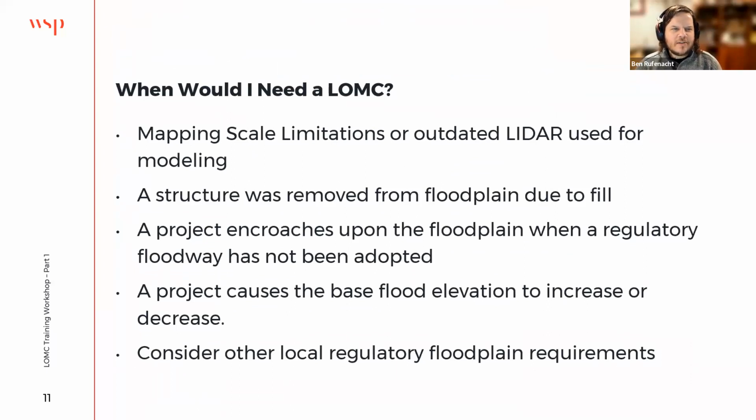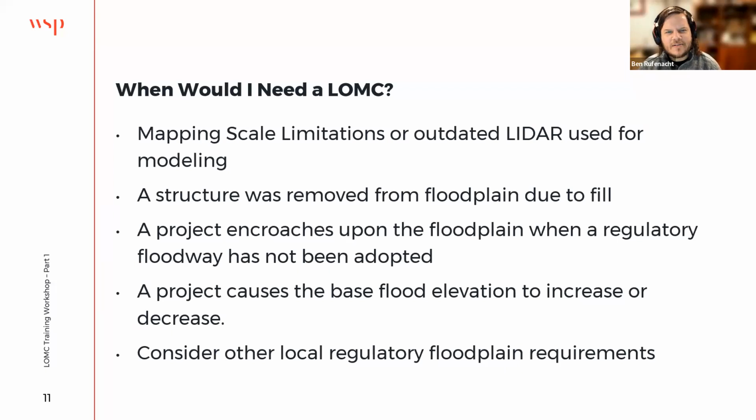So when do we need to do this? A lot of times, especially on older maps, if you're still on paper maps, they're really outdated topography. So the mapping is not completely accurate to what the ground surface actually looks like. So structures are shown in when they're really not in, according to survey and the elevations listed on the map.